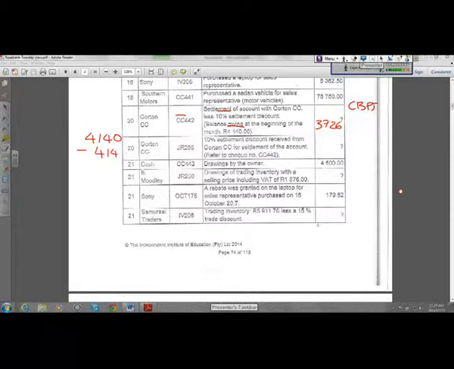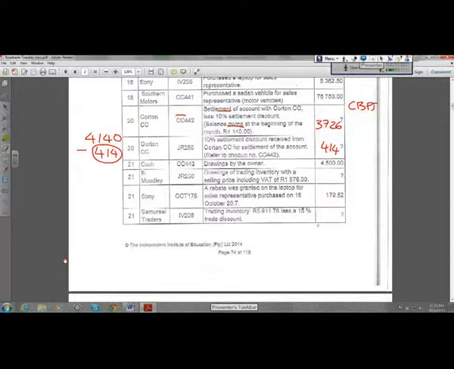Here we are accounting for the discounts that we have received. We don't need to calculate again because they are just referring to the 10% settlement discount. So the number we have is 414. These two are just interconnected. We are just splitting between what we have paid and the discount that we have received.